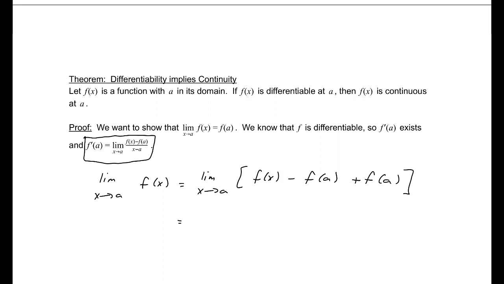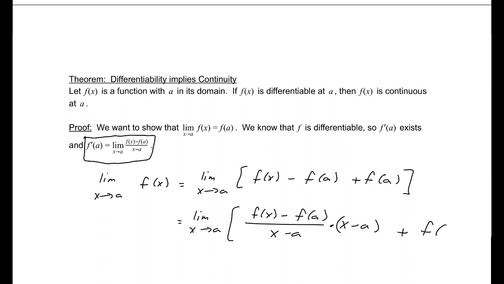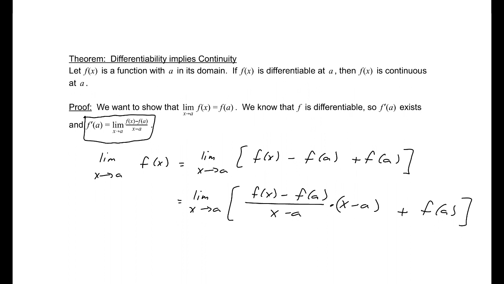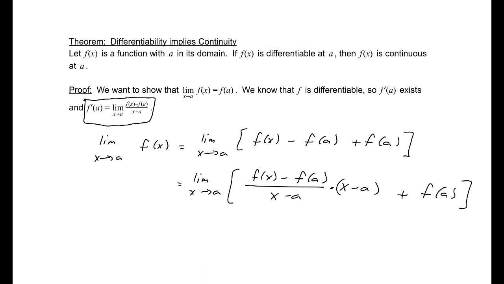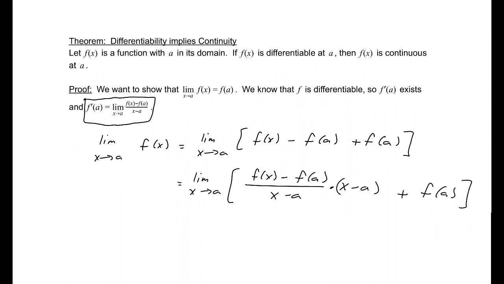All right. Let's try another clever one here. This is the same thing as f of x minus f of a divided by x minus a, as long as I multiply by x minus a and preserve the rest of that, multiplying and dividing by x minus a. All right, well, now I was told that this limit exists, so that's very important right here.